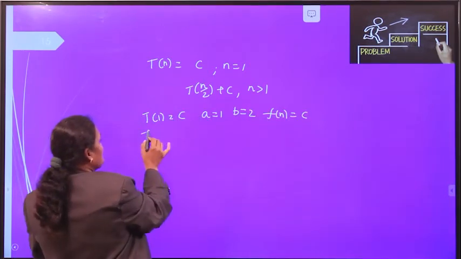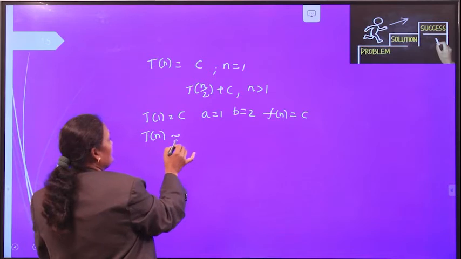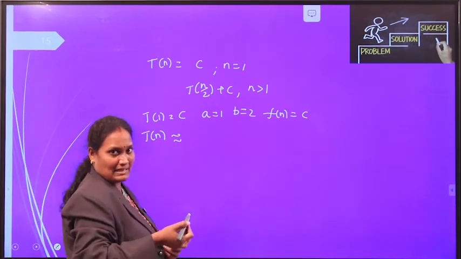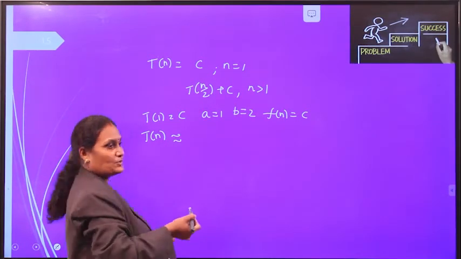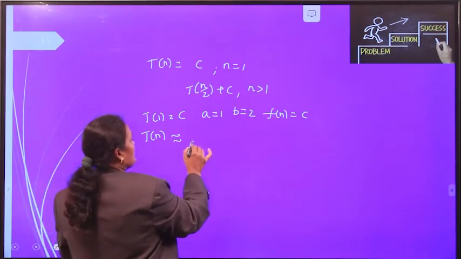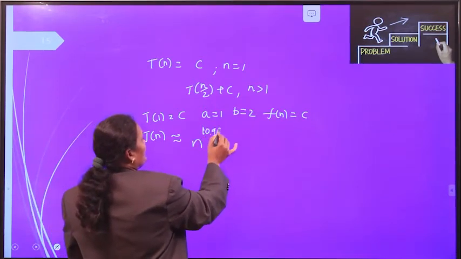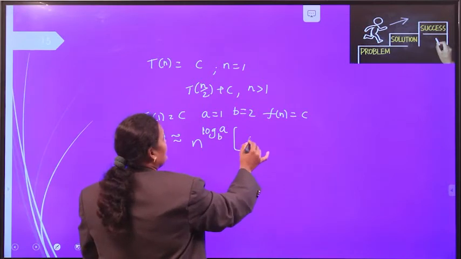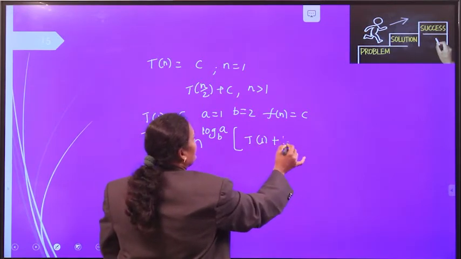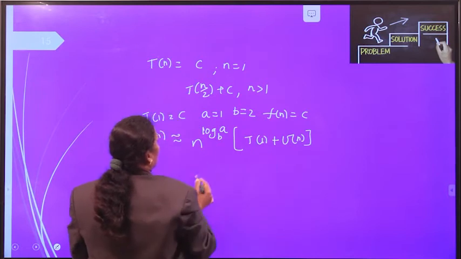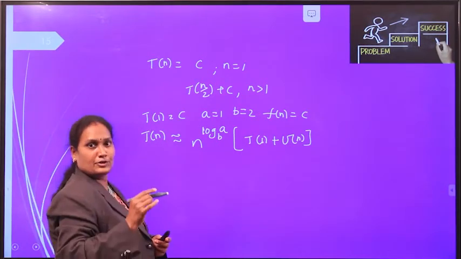Now the time complexity becomes T of n. Here I am calculating the time complexity by following the substitution method. T of n is equal to n power log a base b into T of 1 plus U of n. Here, first we need to find U of n.